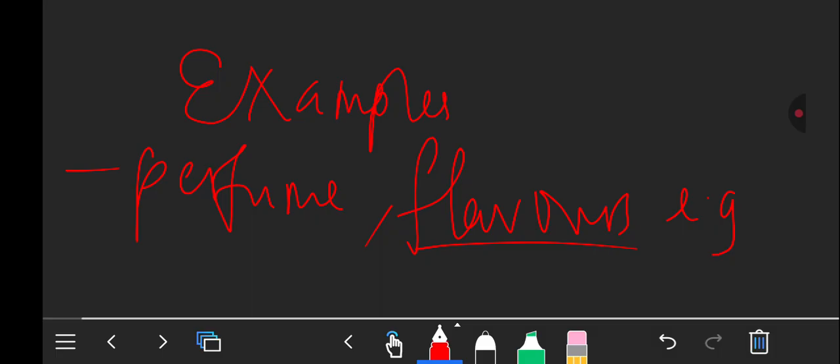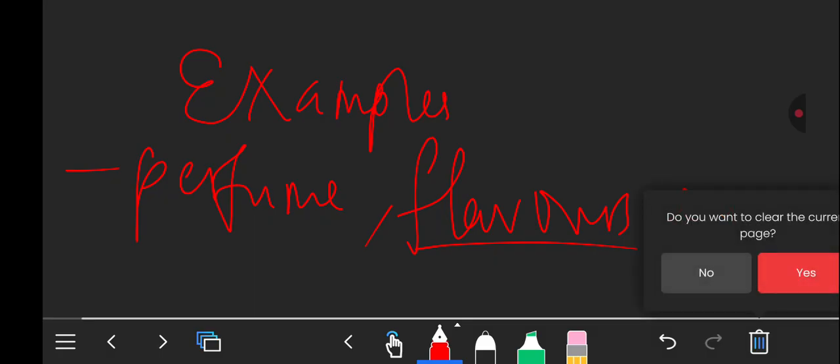That is what we call an ester. So that is what we need to know.